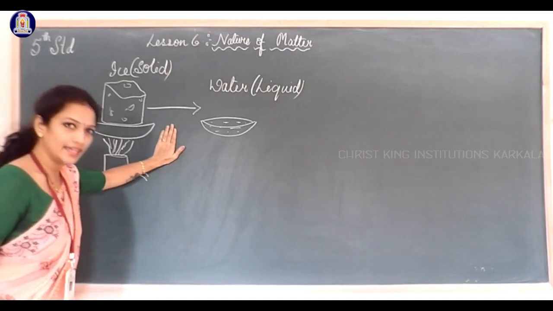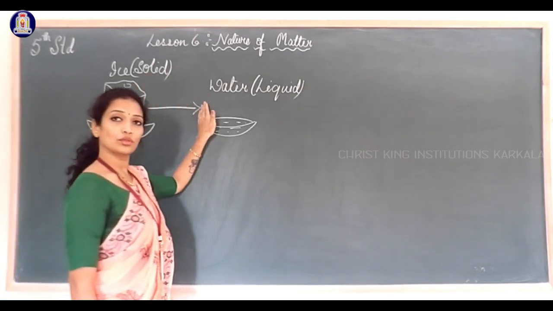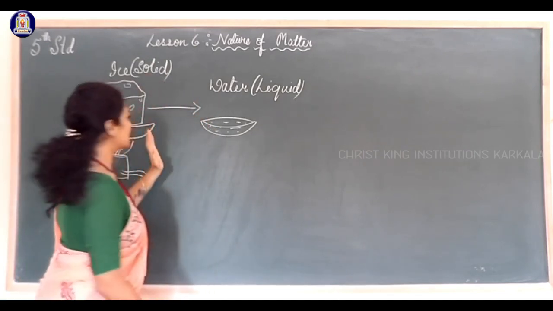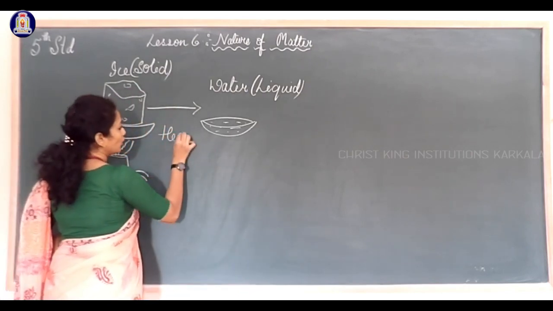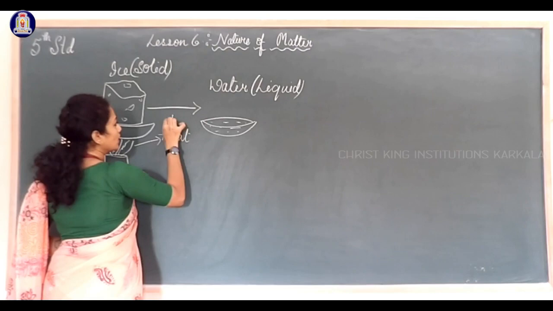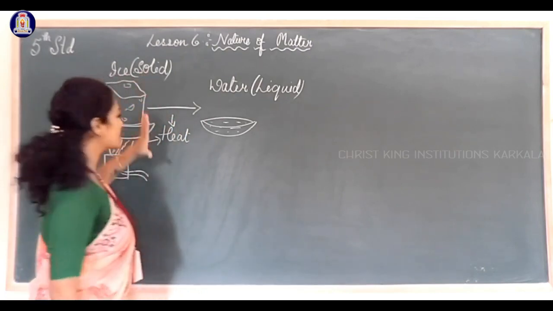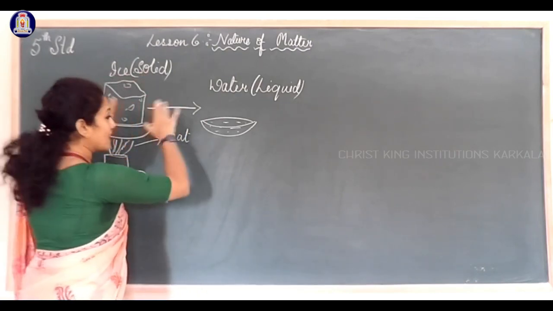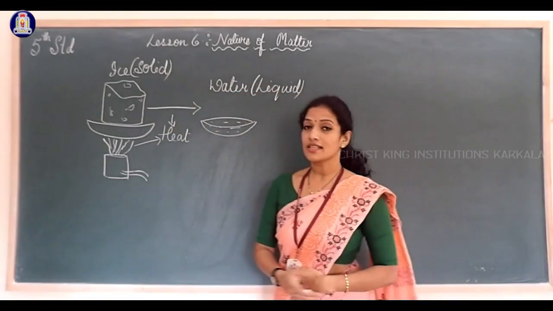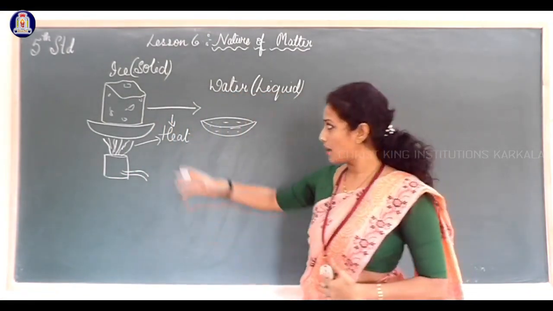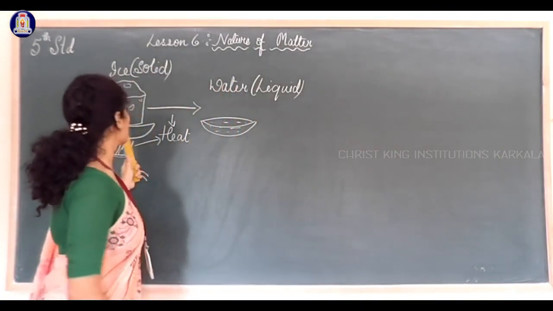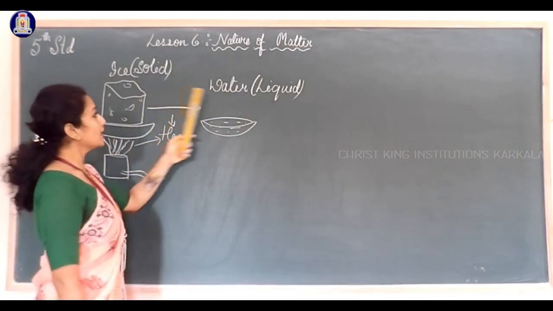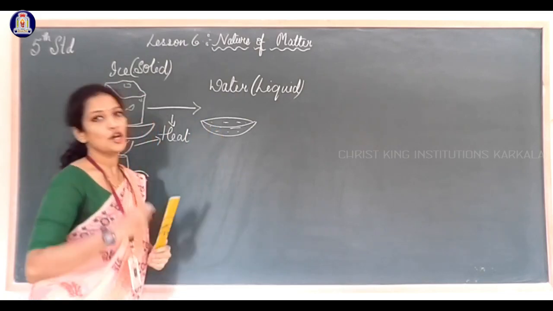Now on heating, it turned to water. So this is the effect of heat. When you heat some matter, it expands. When you heat a solid matter, it changes the matter.